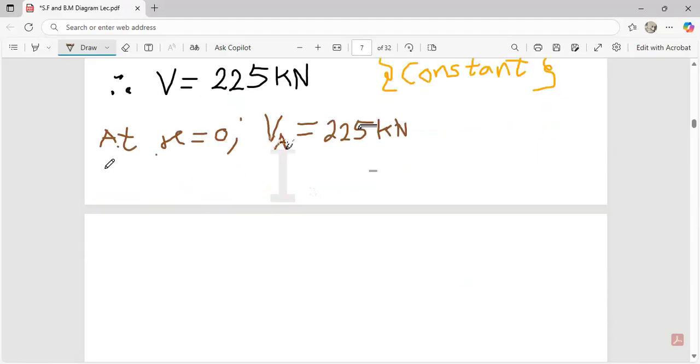Also, at x, I'm picking that from the interval, because I already picked x is equal to 0. In this case, at x is equal to 3 meters, your V what?